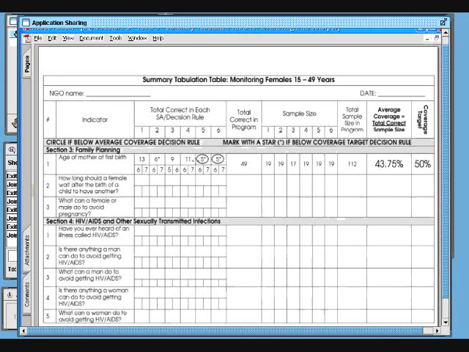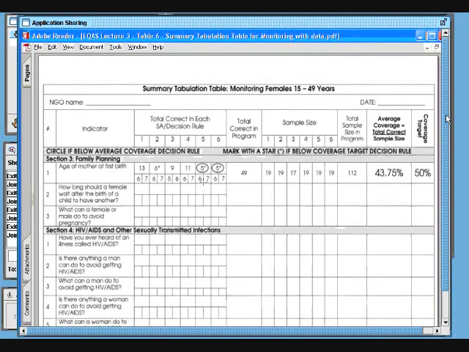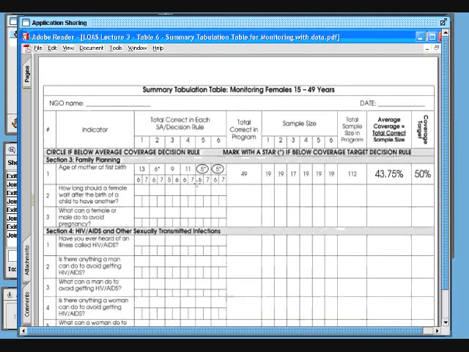This is simply because these total numbers of correct responses are both below the average coverage and also below the coverage target, since you see that the decision rules are 6 and 7, while the total number of correct responses is 5. So for that reason, these two supervision areas should be our highest priority. But once again, we're going to take a closer look at this type of analysis in the next lecture.